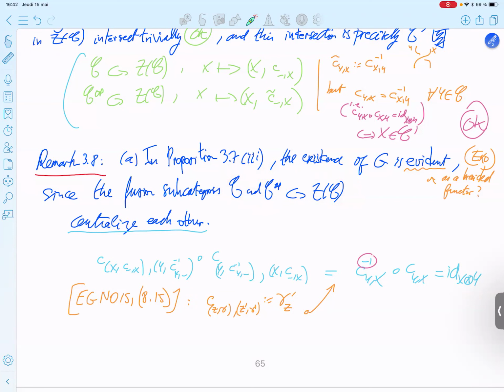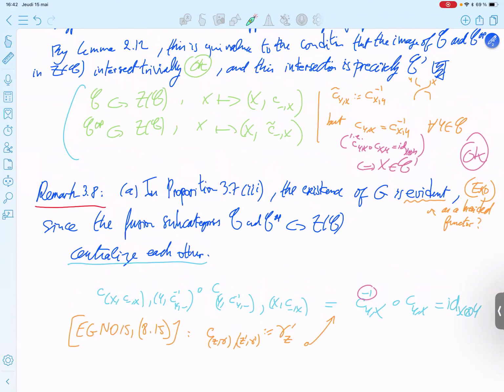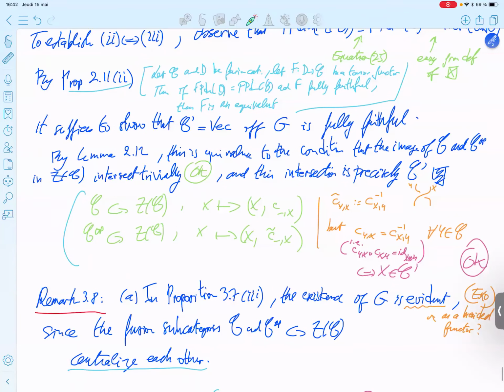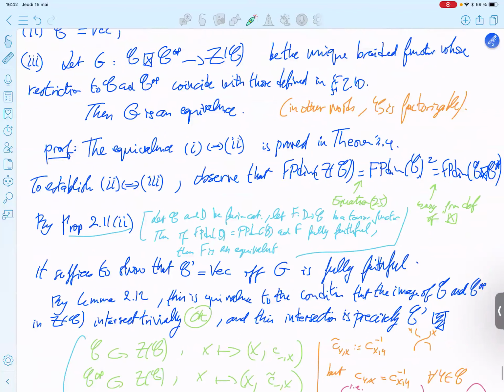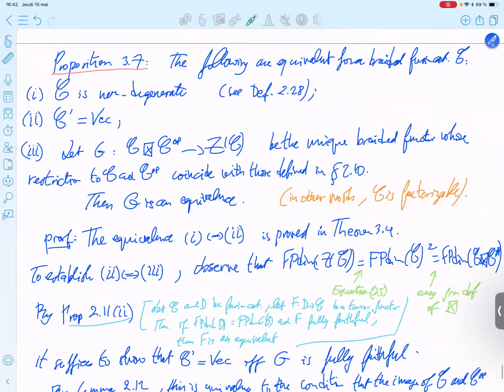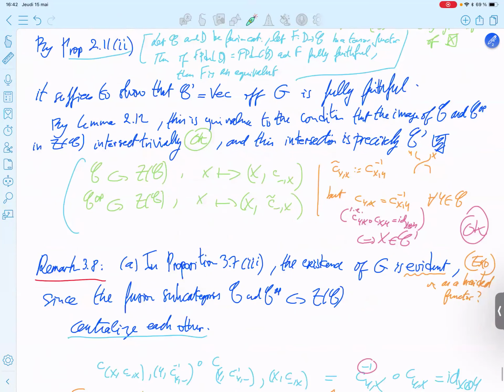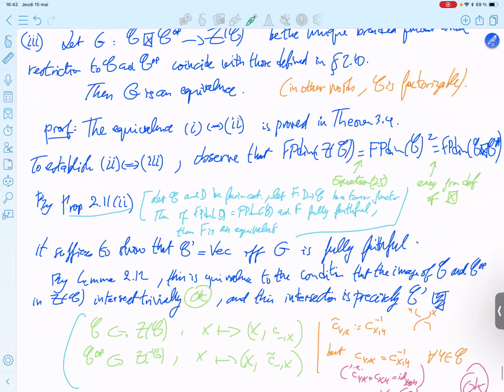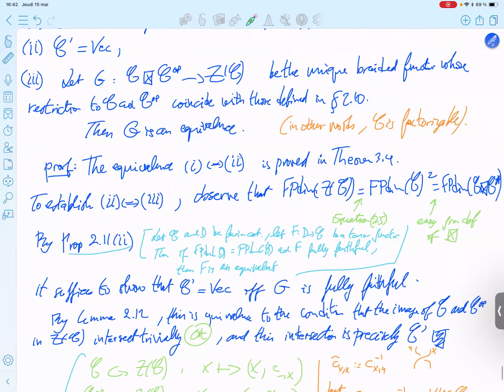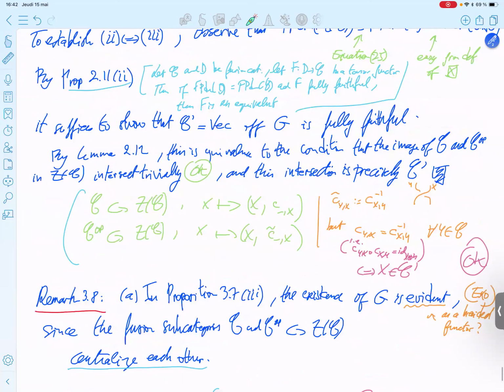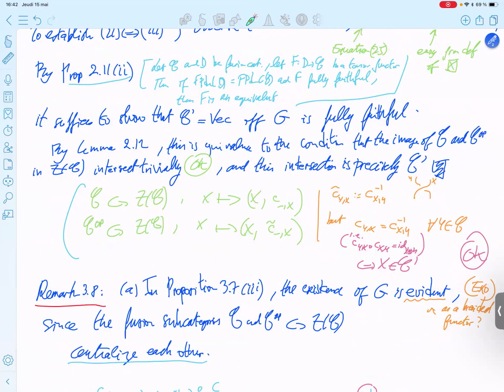And we have to understand as an exercise what this property implies, evidently, that there is a unique braided functor of this form. Let me read something, page 23.